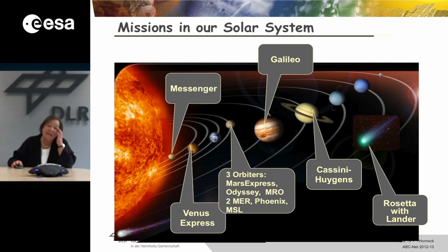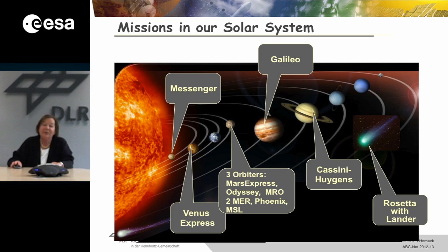ESA is planning another mission. We have Venus Express to Venus. We have 3 orbiters around Mars, Mars Express, the European one, and then Odyssey and Mars Reconnaissance Orbiter from NASA, and 2 Mars Exploration Rovers. You have witnessed certainly how long they, the rovers, are already active on Mars, at least one of them.